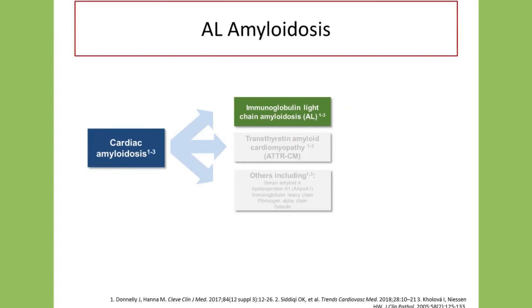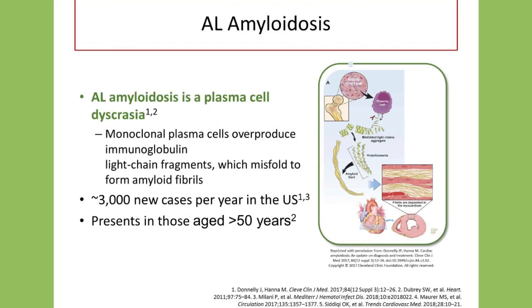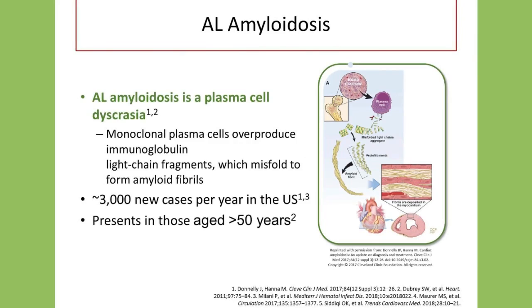So let's talk about AL amyloidosis first. This is, as I said, the immunoglobulin light chain amyloidosis. We know that AL is a plasma cell dyscrasia. My knowledge of these words has increased a little as I've been learning some of these new terms that we aren't used to seeing in nuclear cardiology.